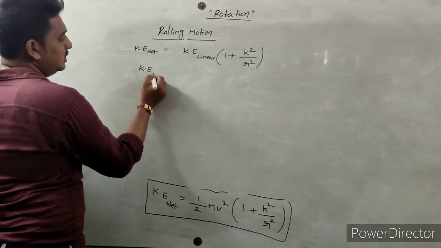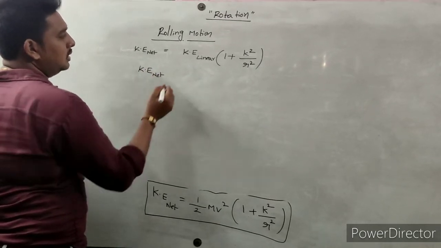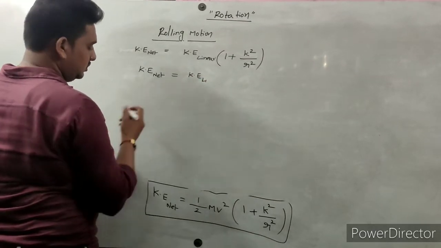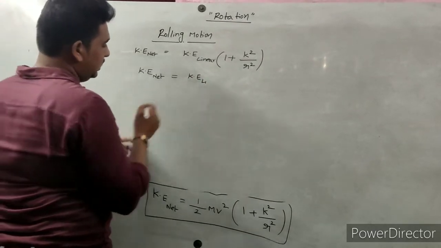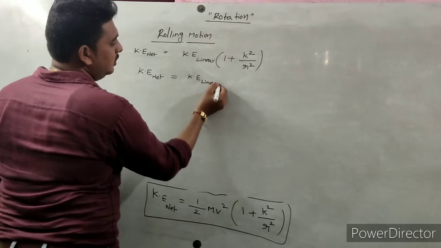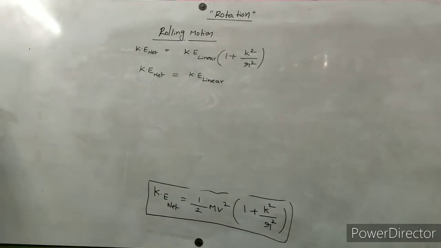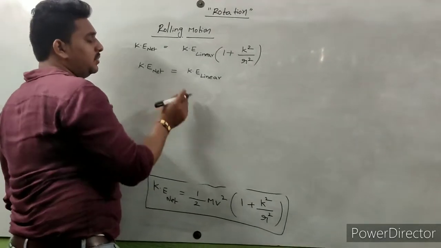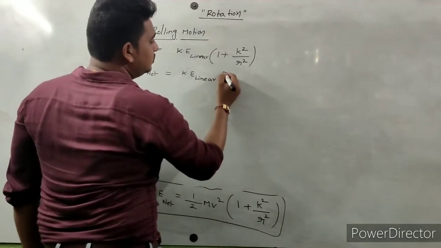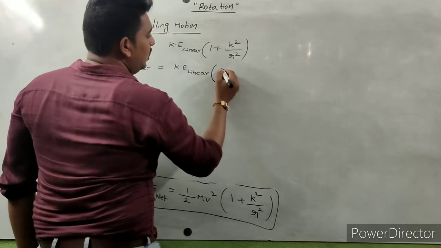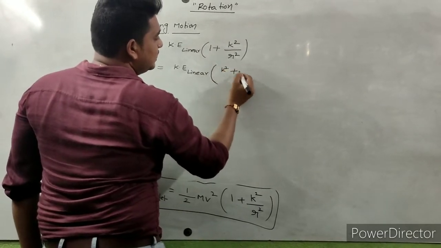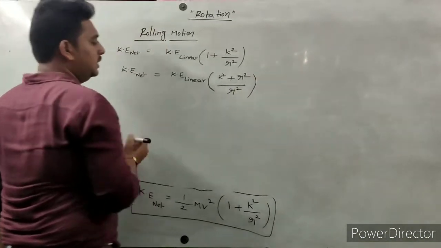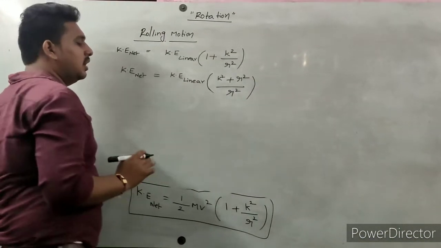KE net is equal to KE linear into k square plus r square by r square.